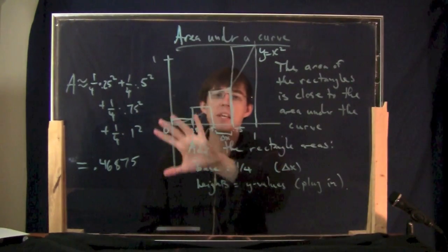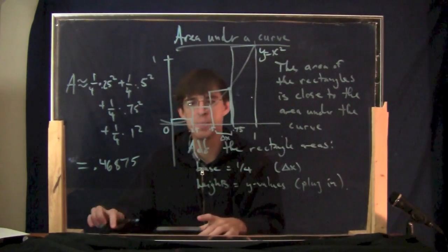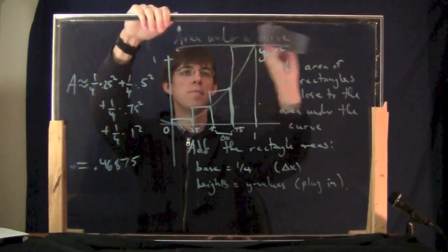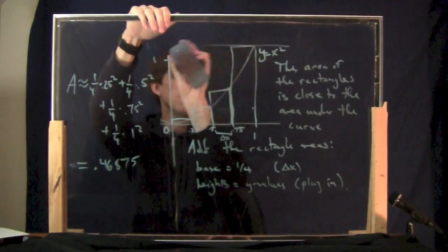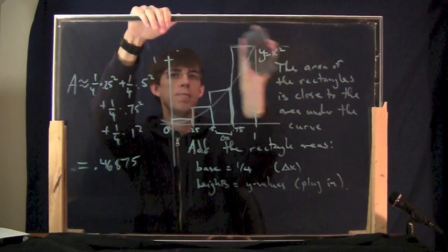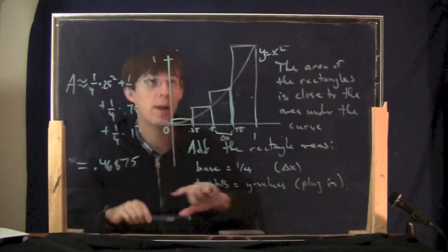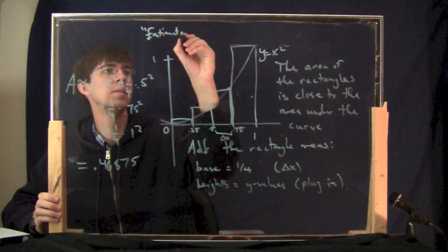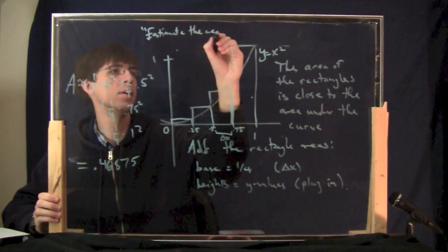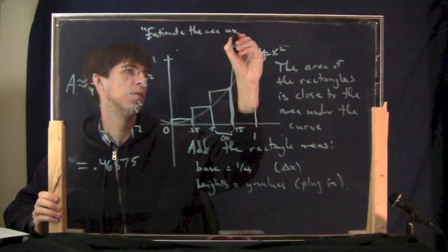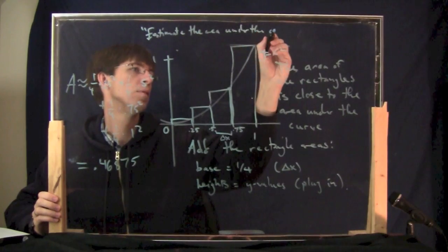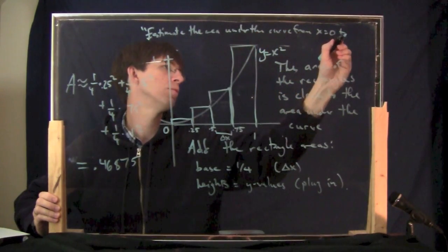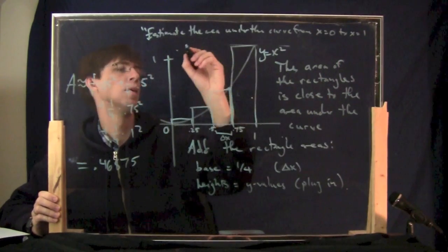Okay, what I just did, actually there's a specific name, a specific way of describing exactly this process. Maybe I'll write it right up here. I don't want to erase all of this. So what I just did was estimate the area under the curve from x equals 0 to x equals 1.